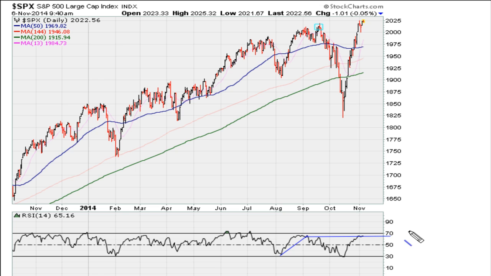This is early morning, and my thinking here is this very easily could turn into a sell signal, because it looks to me like the market wants to form a double top on the S&P 500.